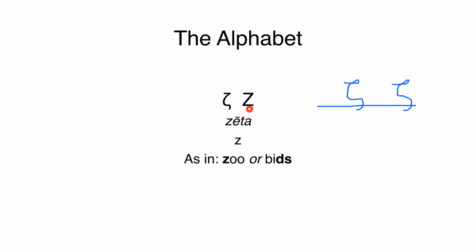The uppercase version is like our English capital Z. In both pronunciation systems, this can be pronounced as a straight ahead Z sound, like zoo, or with a DS sound, like at the end of the word bids. That's the pronunciation I prefer. So this letter would be zeta if you're using the Erasmian pronunciation, or zeta with the modern.